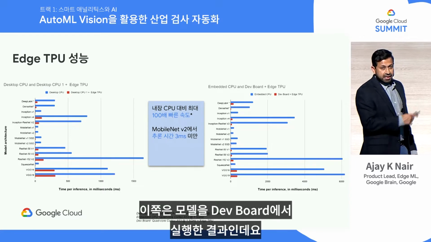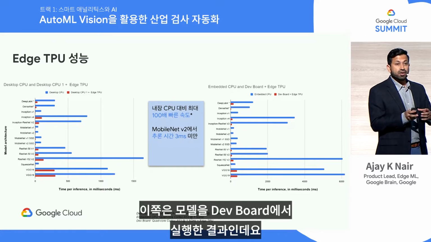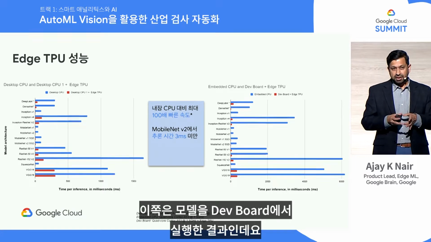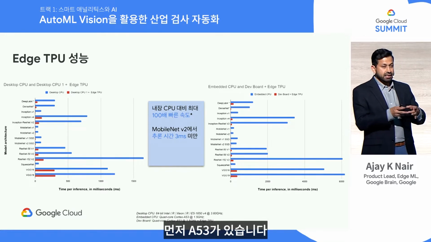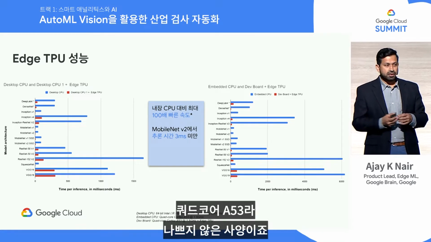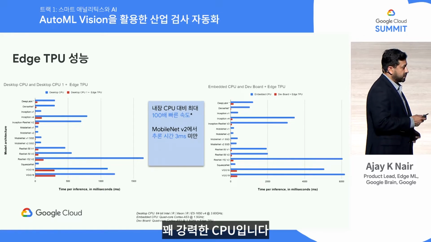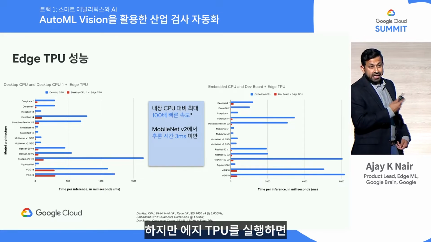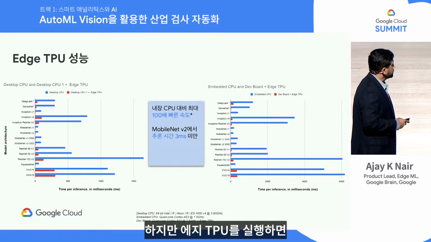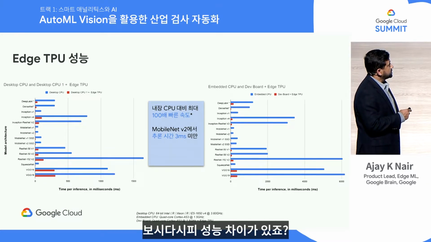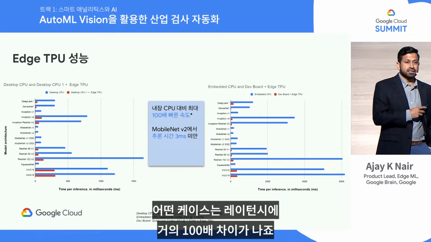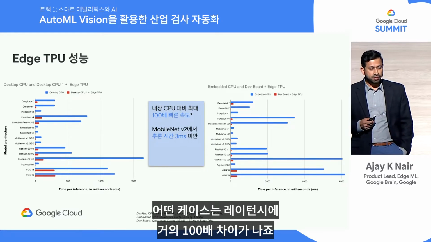What you see on this side is essentially running the models on the dev board that we showed earlier. So first we run it on the A53, which is not bad. It's a quad-core A53, so it is a powerful CPU in that respect. But then when we enable the edge TPU, you can see the performance difference. It's almost 100x better in some cases in terms of the latency that you notice.